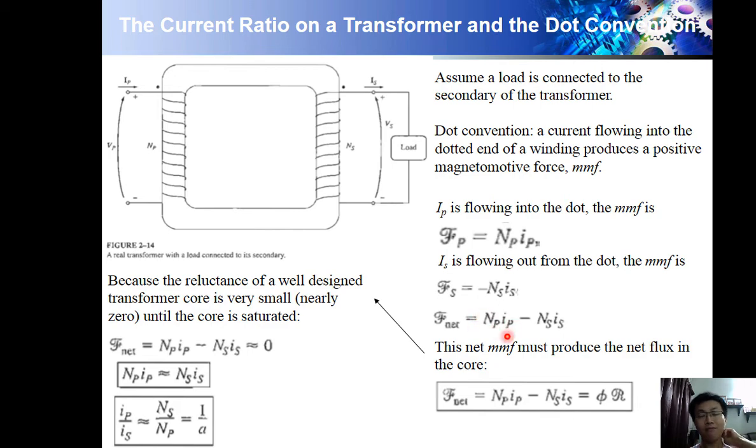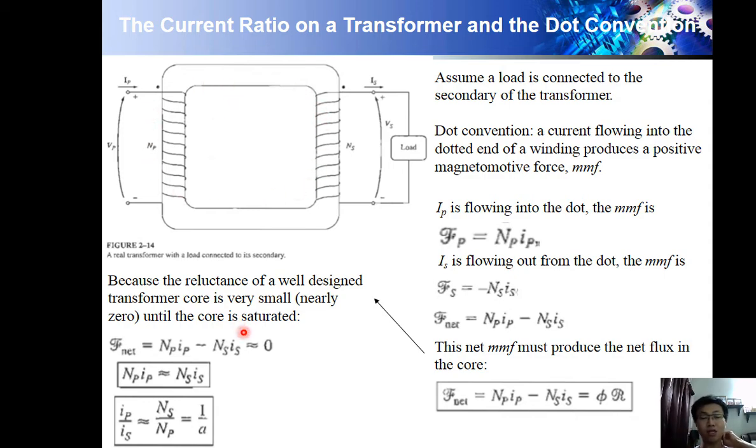So the net MMF must produce a net flux in the core, where F net equals NpIp minus NsIs equals phi R. So this is the flux flowing into the core. Because the reluctance of a well-designed transformer core is very small, we assume it is nearly zero.